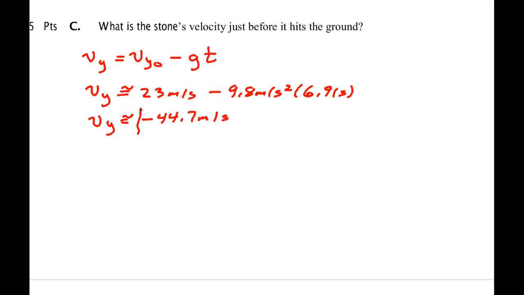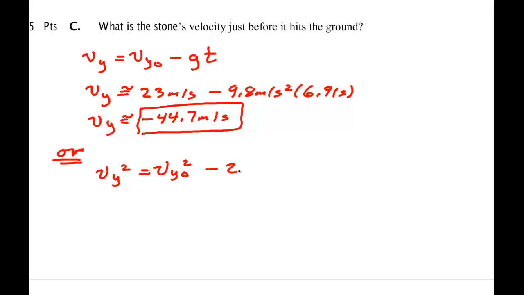This is not the only way that you could work this problem. You could have also worked the problem for Vy squared is Vy naught squared minus 2g times y minus y naught, where y happens to be 0.